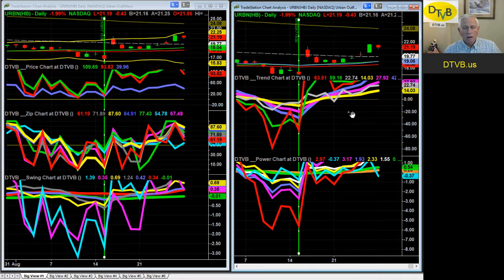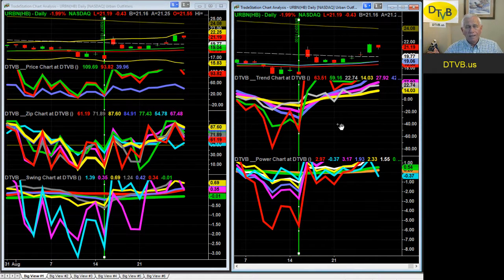And that might be all 5 lines, the power 5, that includes the Zion line with the power 4. They're all under the power orange, or they're all above the power orange, or power Zion might be under and the power 4 might be over power orange line.